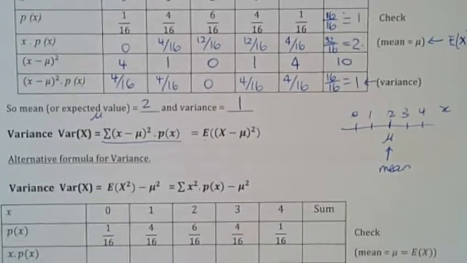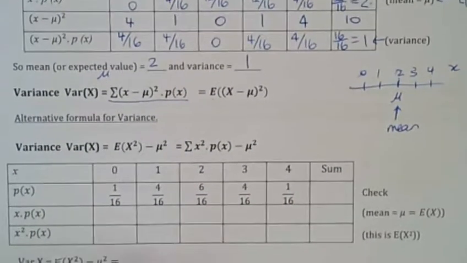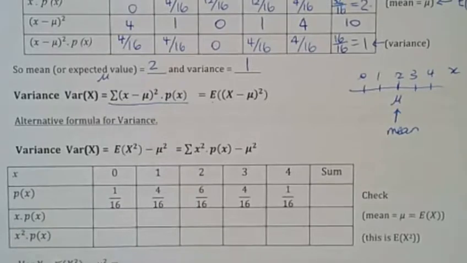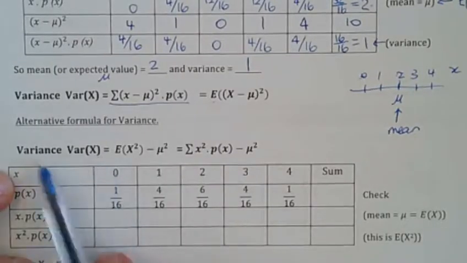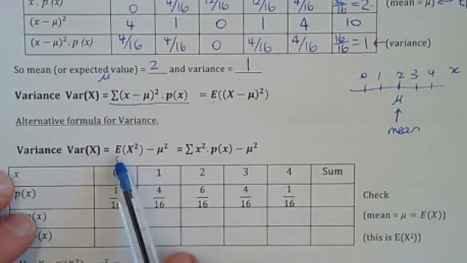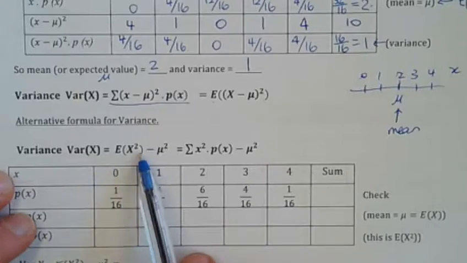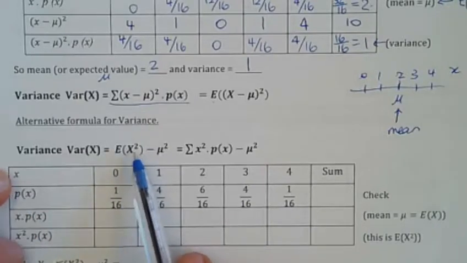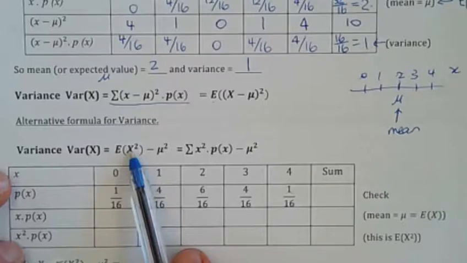Now, there is an alternative formula for variance, and you tend to use this formula, I think, if your means aren't whole numbers. Both will give you the same result. So another formula for the variance of x is the expected value of x squared. Now that means you've got to multiply the x squared by px.